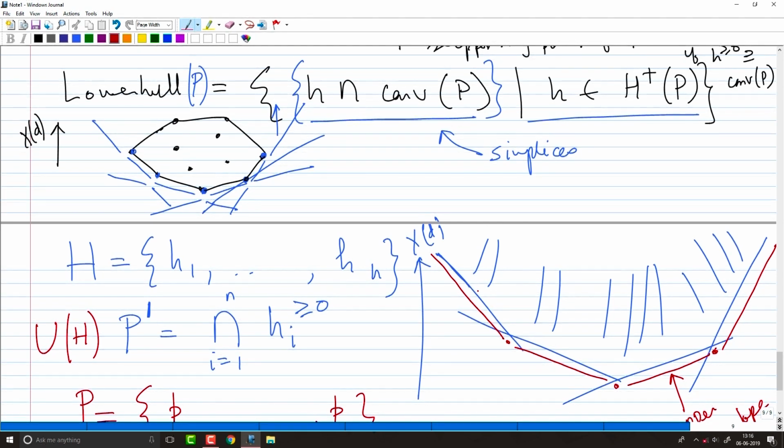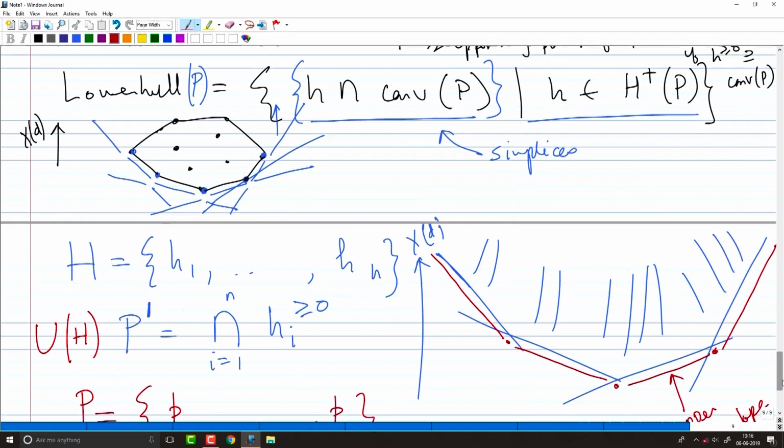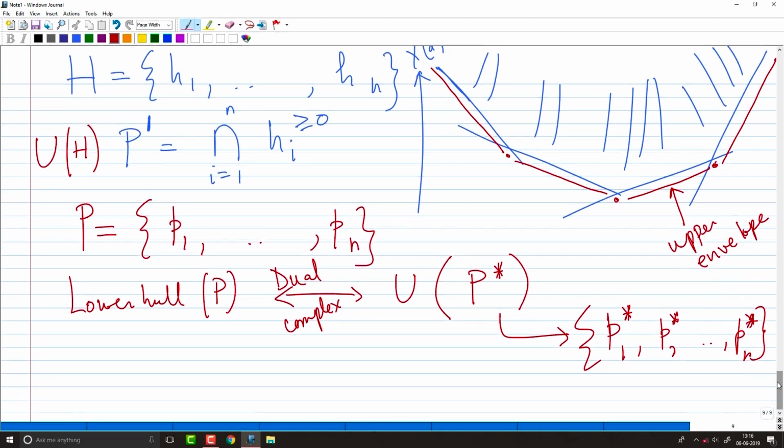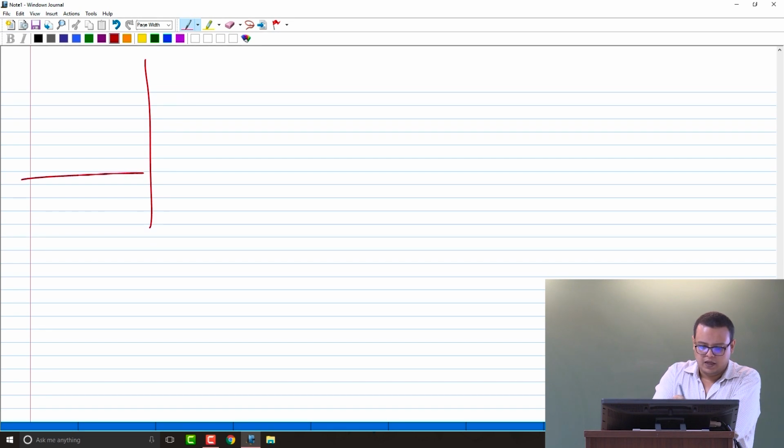Does it have to be a subset? No, it doesn't have to be. This is easy to see even if you just draw it in R2, so let's do it in R2 and see what is happening. Let's say I put x2 in this direction and this is x1.